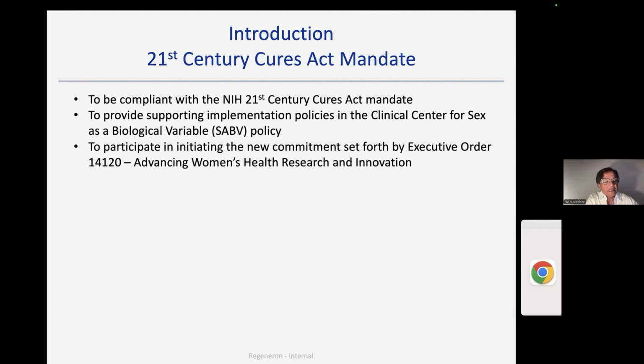So, the beginning of this work is the 21st Century Cures Act or mandate. It's a congressional mandate that was signed into law by the president, the former president, and it passed by Congress in 2016 and was designed to inject innovation and accountability into biomedical research and speed new treatments to patients.